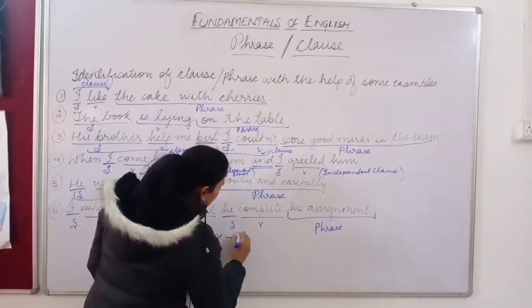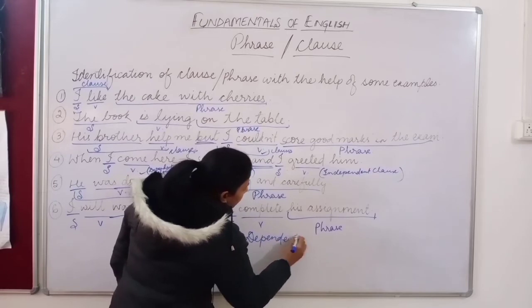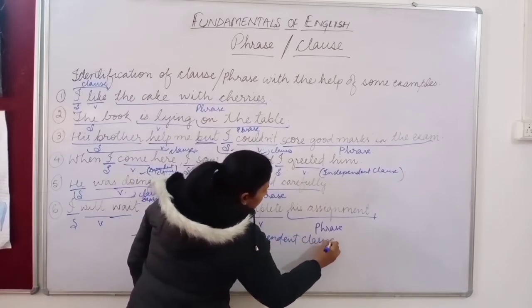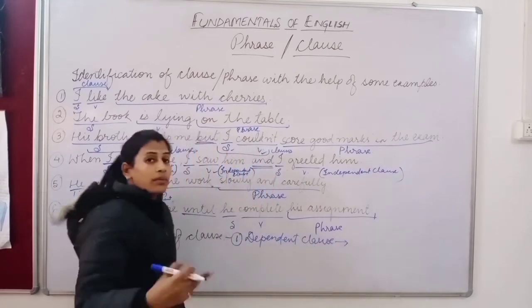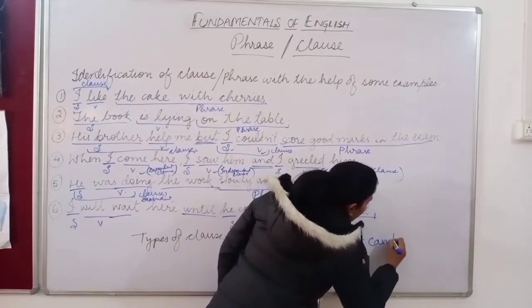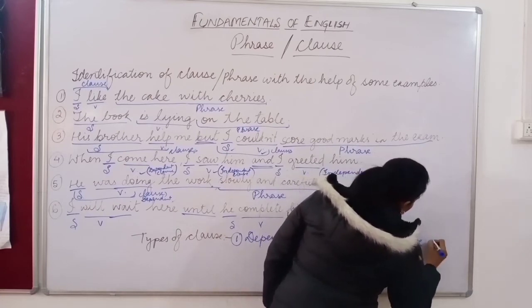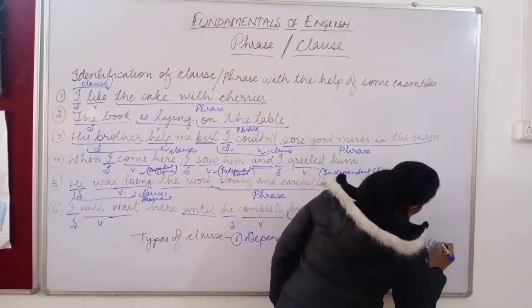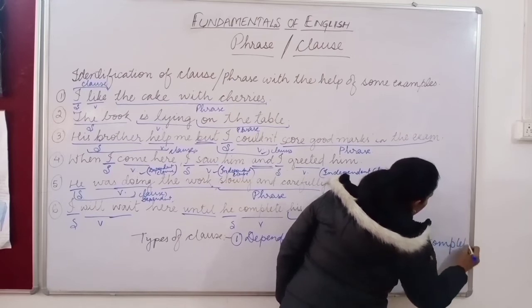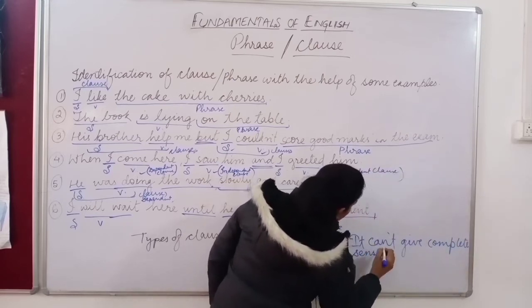First, dependent clause: you simply say it can't give complete sense.